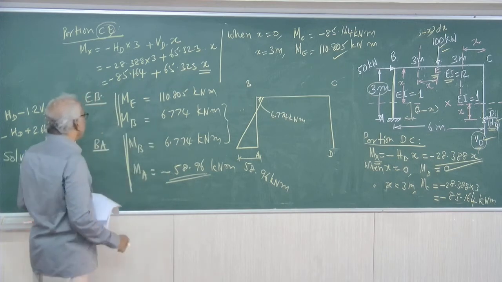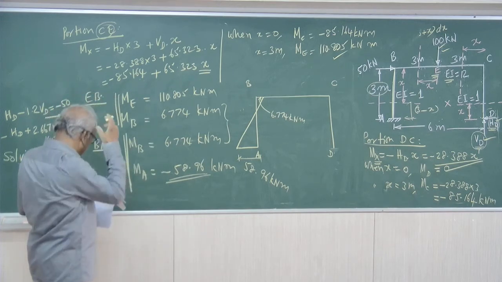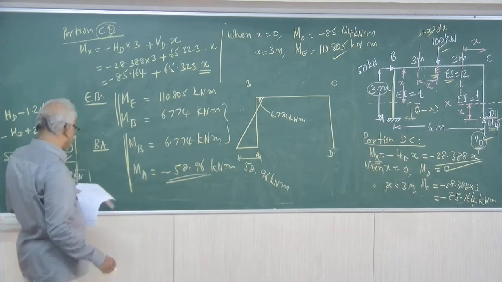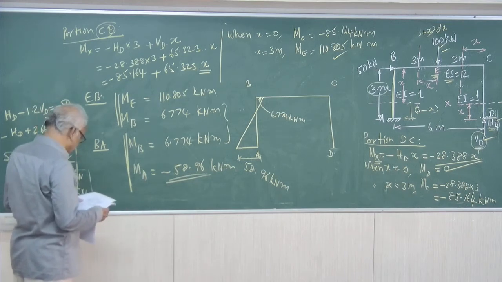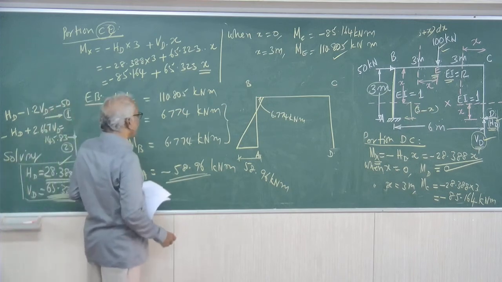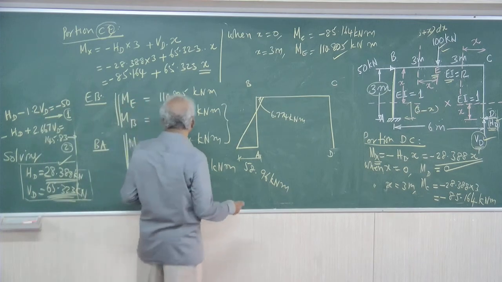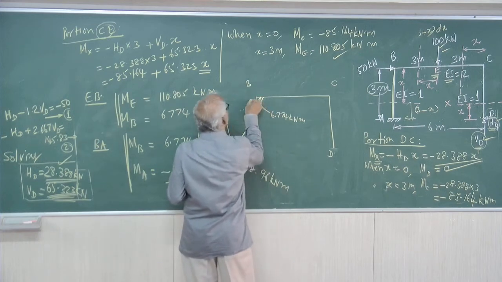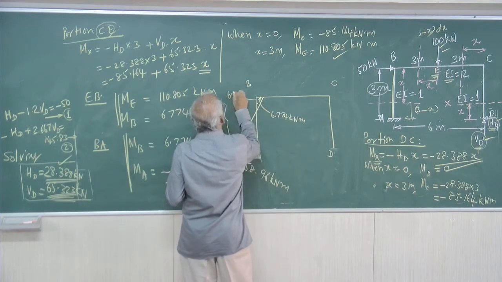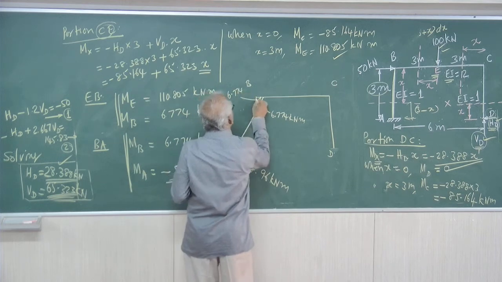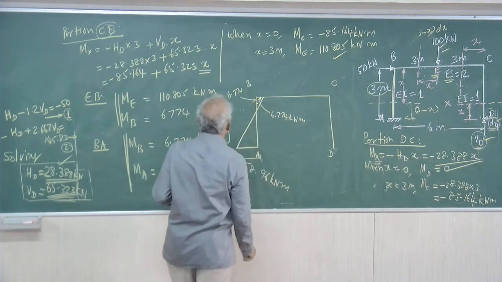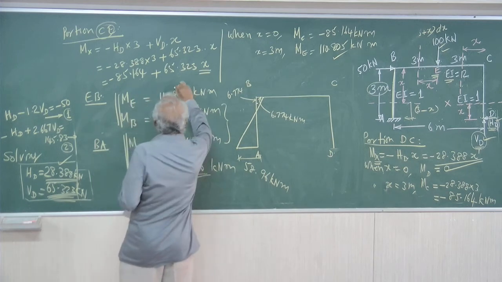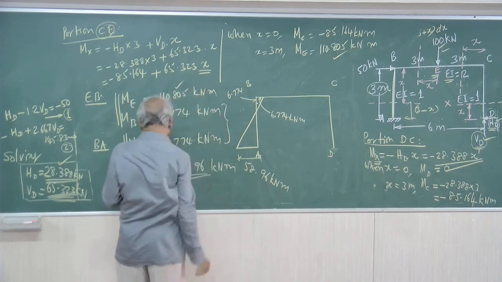Now coming to the portion EB, as far as the beam is concerned, now we know the tension is at the bottom. So this value is, because it is clockwise, 6.774. So this value will be 6.774 sagging, a tension at the bottom. Here this value EB, that is also positive.